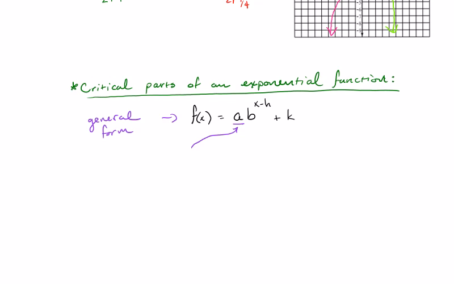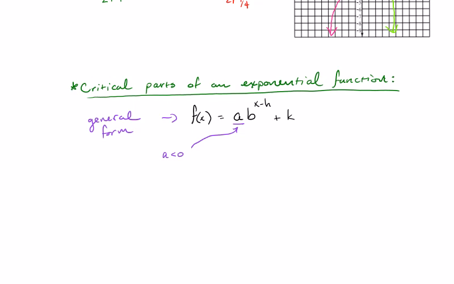It doesn't have too much of an effect on the graph in the sense that it's not going to change the look of the graph, but it will cause a reflection. So if a is less than 0, I guess it would change the direction, but it's not going to change the curvature or anything like that. It may make it steeper or less steep, but it doesn't make it look different.